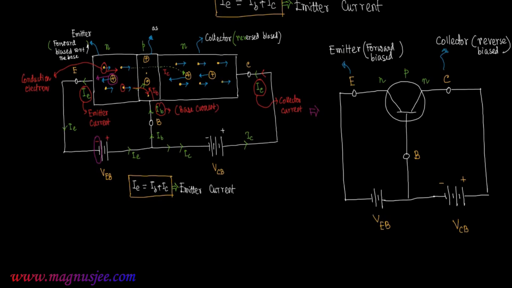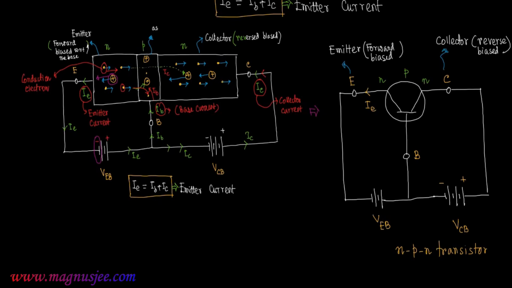The positive terminal of this battery is connected to the N-type collector. So this is the equivalent diagram of NPN transistor.